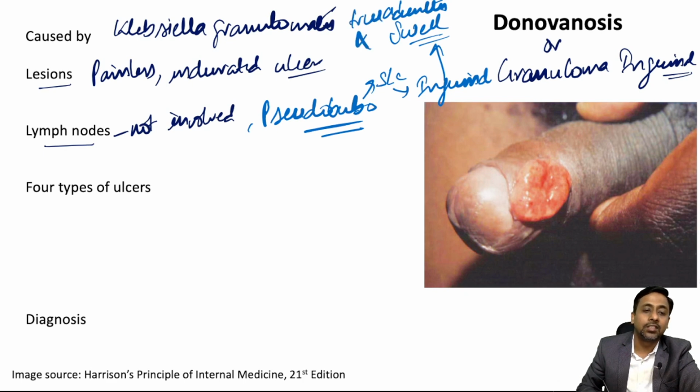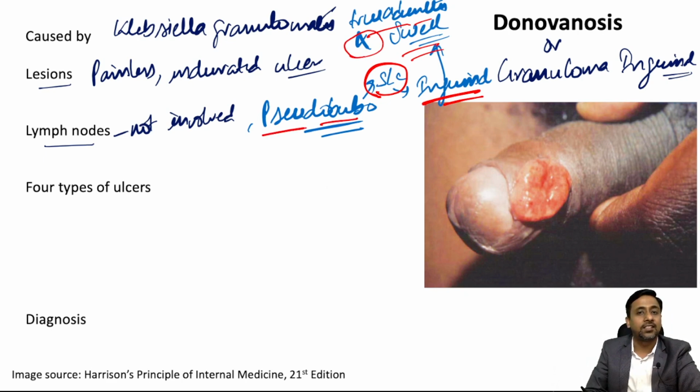Okay, so that is why it is known as pseudobubo. So subcutaneous extension or spread of infection to the inguinal region leads to swelling of that area, which looks like a true adenitis. So that's why it is called pseudobubo, but that adenitis is not true.